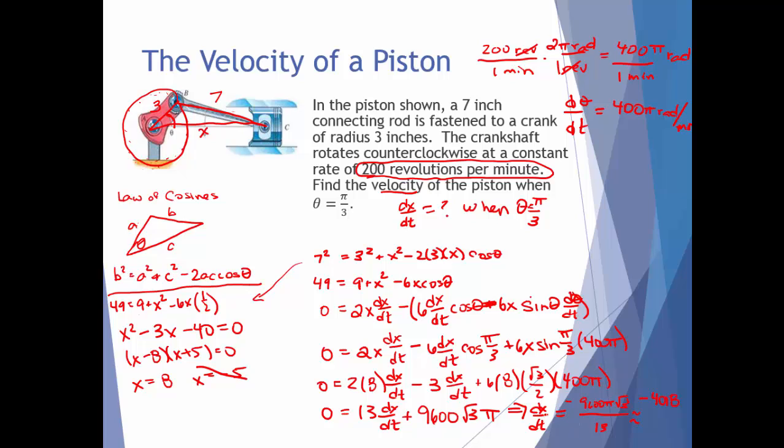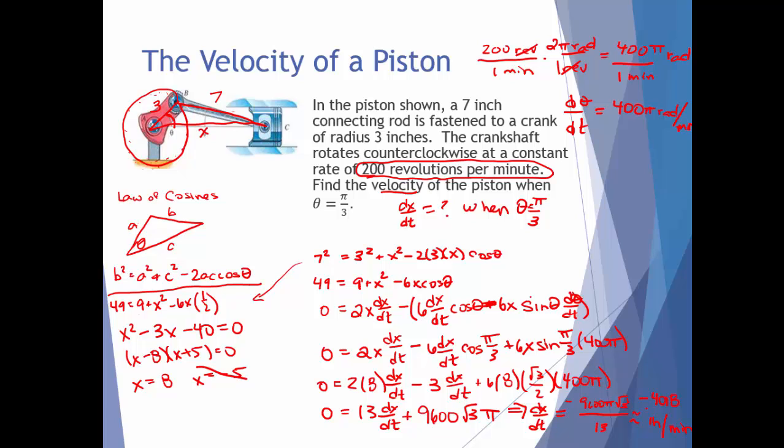This is dx dt. X, which is our linear measurement, is measured in inches in this particular problem, and dt is our time, and that's going to be per minute. So the velocity of this piston at the moment when that angle is equal to pi over 3 is negative 4018 inches per minute.